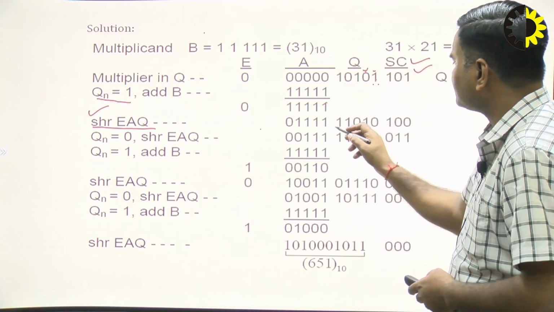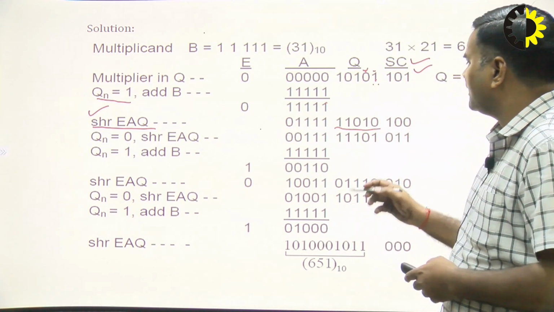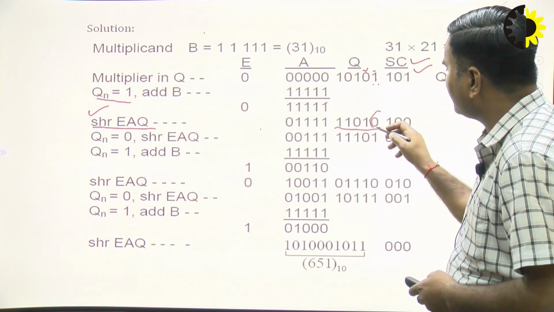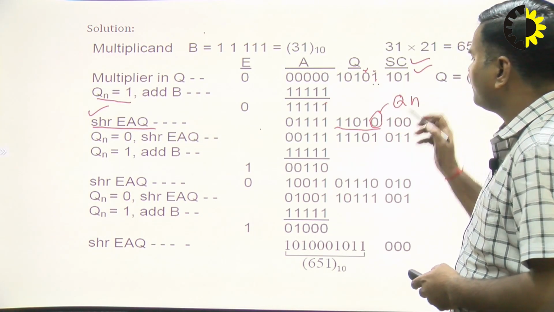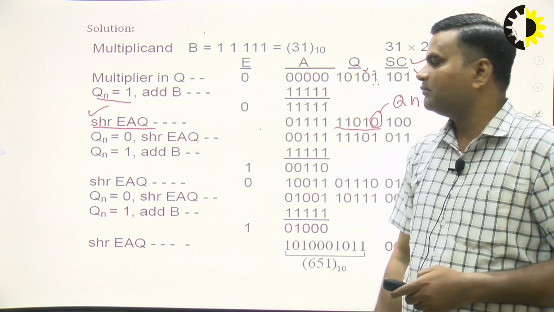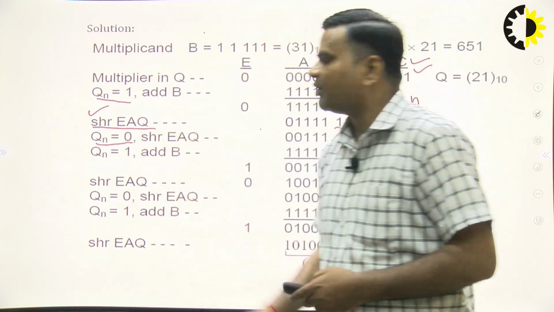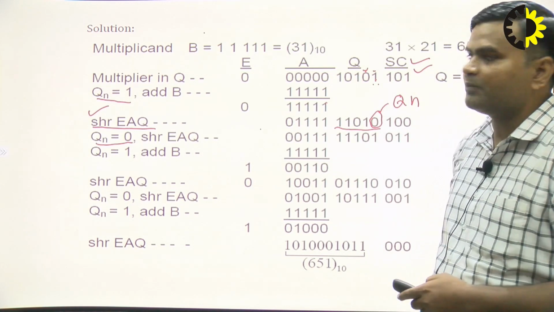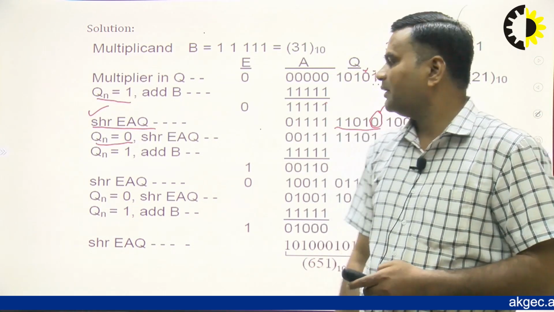So, here this is the current Q register, and this bit is called Qn. This is Qn. We have to test this Qn. If Qn is equal to 0, then according to our flow chart, we have to perform logical shift right EAQ.